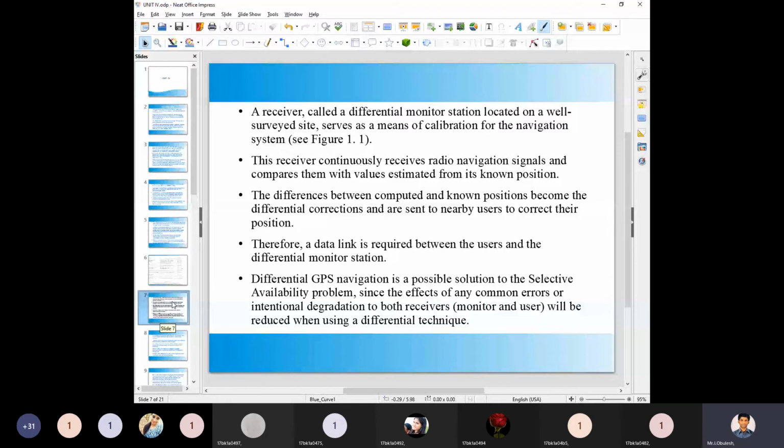Therefore, a data link is required between the users and the differential monitor station.